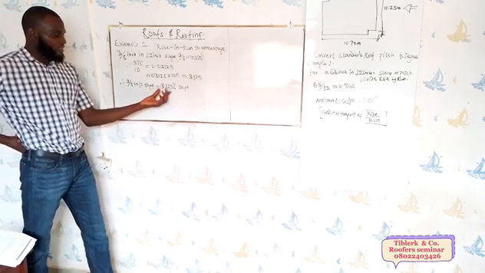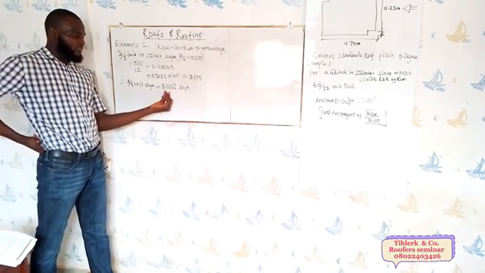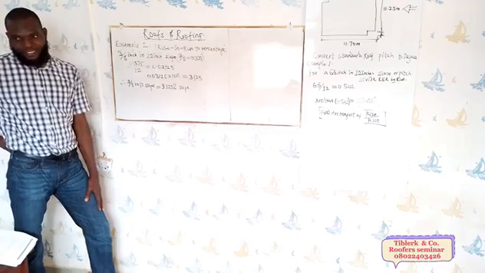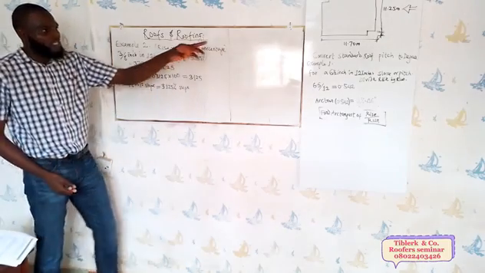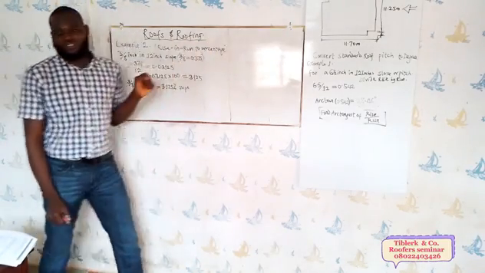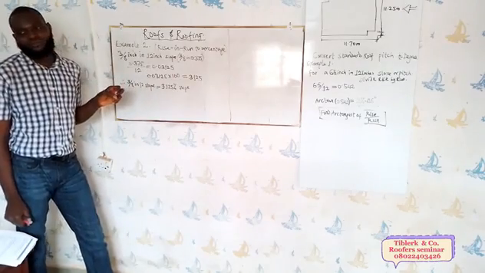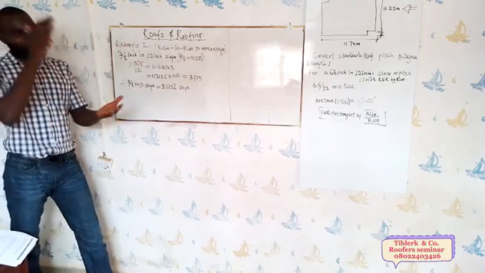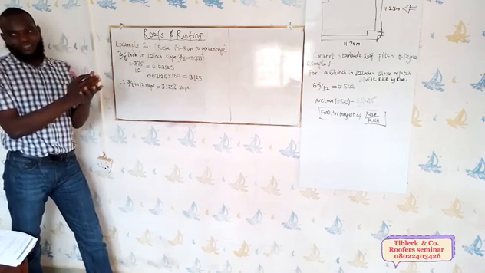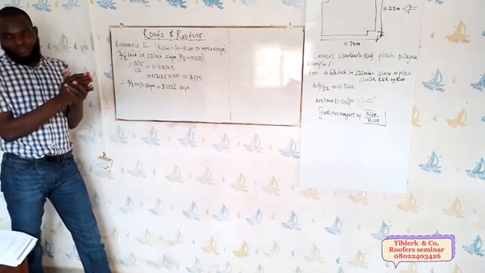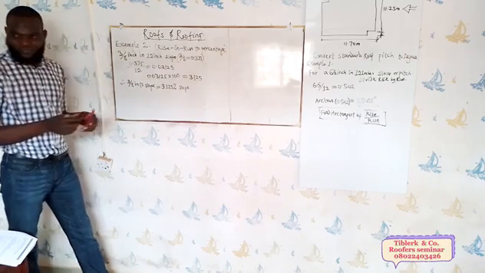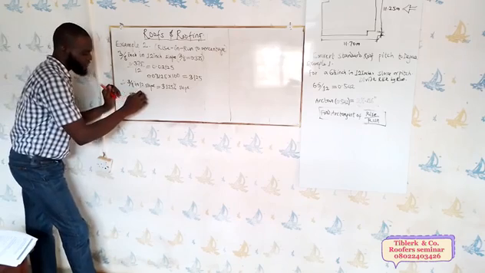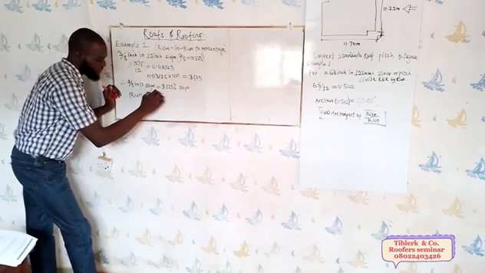So it will be divided by 100 times the run to give us our rise. I want to come again. As per the drawing you have been using, what is our run? We know the span to be 11.25 and the run is half of the span. That gives us 5.625.